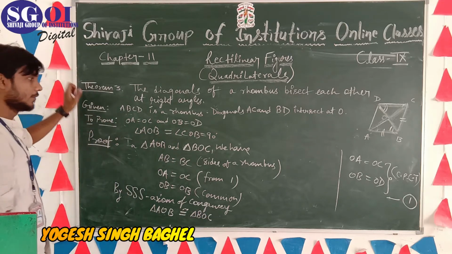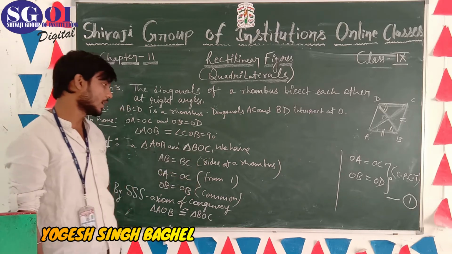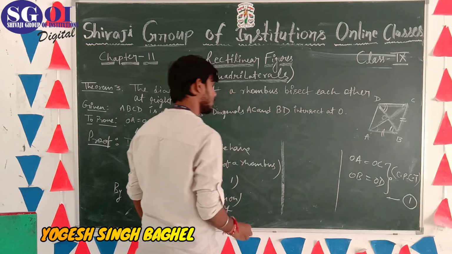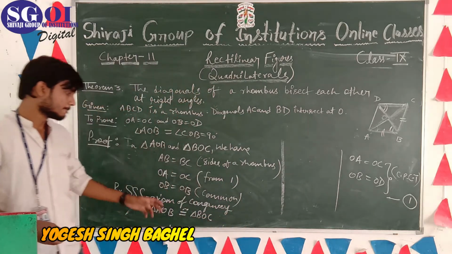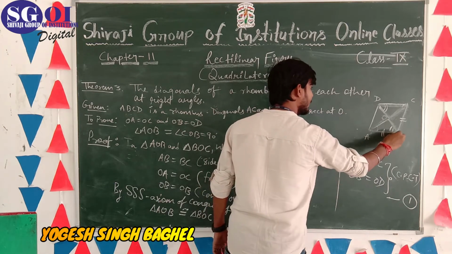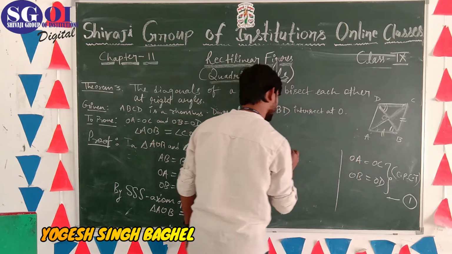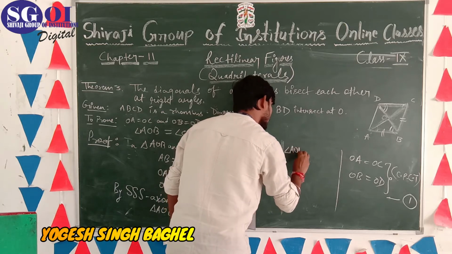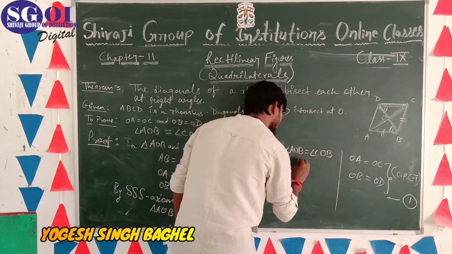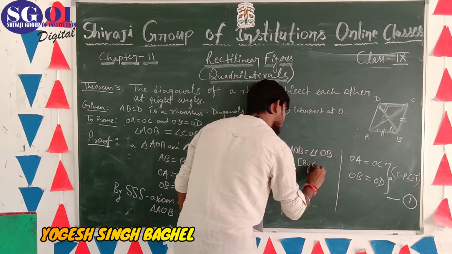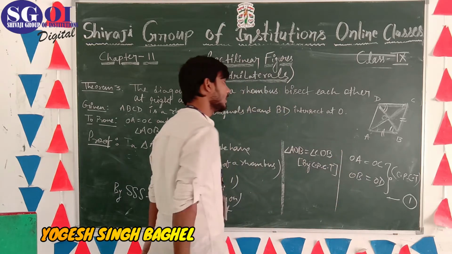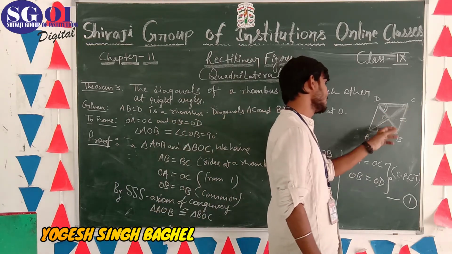If triangle AOB is congruent to triangle BOC, so by CPCT you can write angle AOB is equal to angle COB, by CPCT.